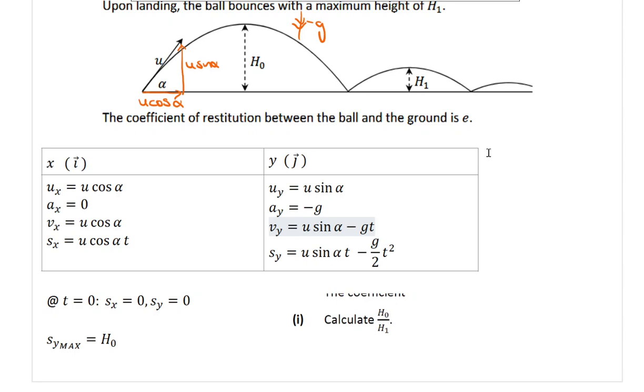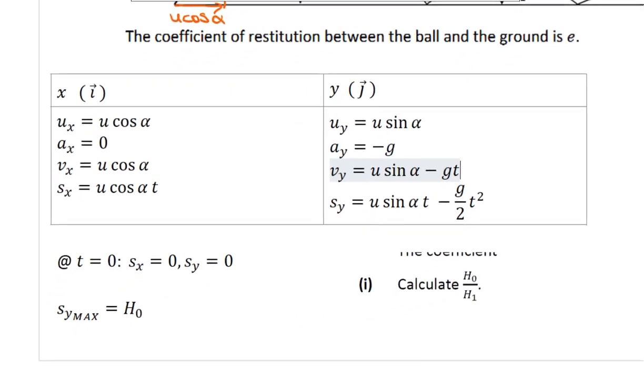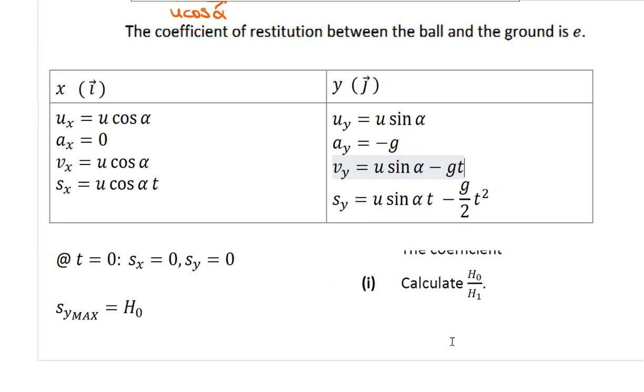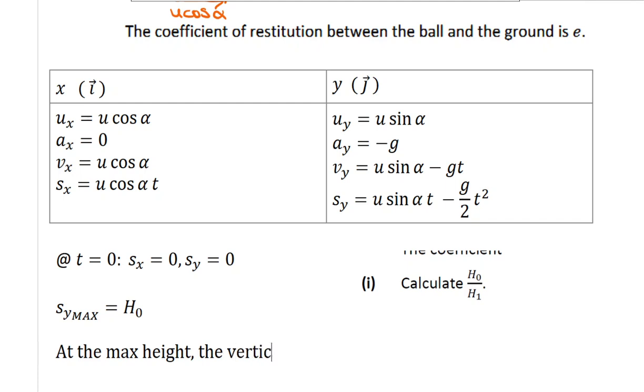So we have to find out what H0 is. We have to get H0 before we know what to do with H1. So let's see, at the max height we have H0, but we know at the max height the vertical velocity is equal to 0, or Vy equals 0.